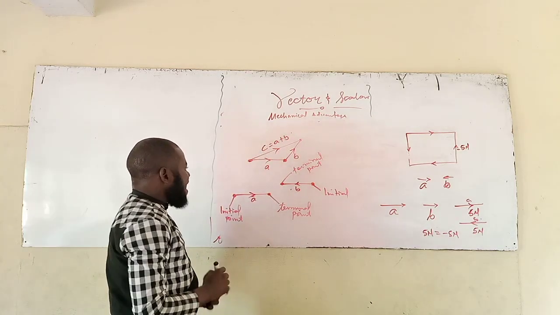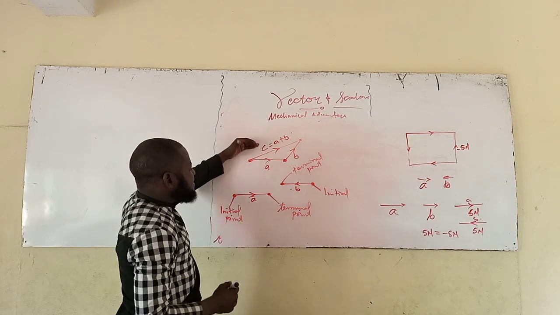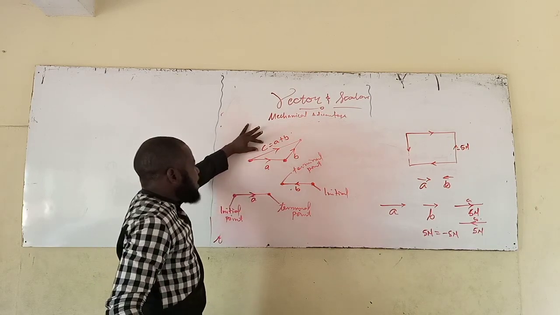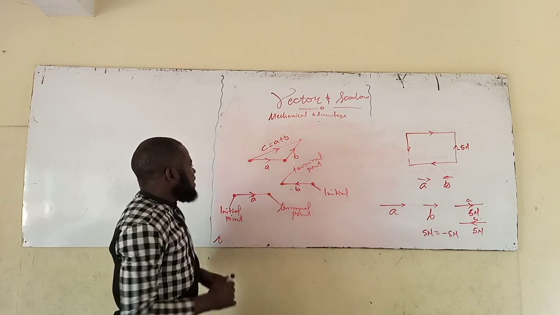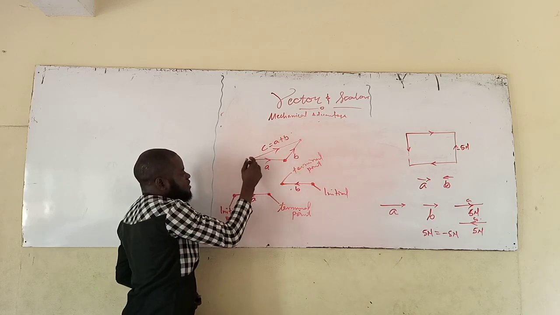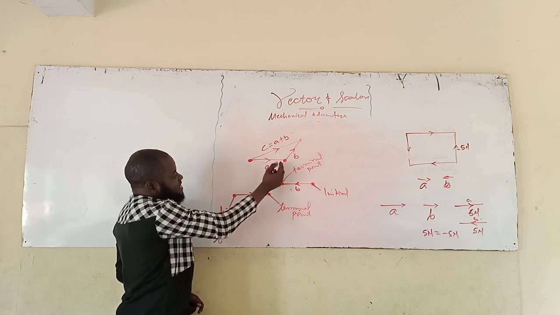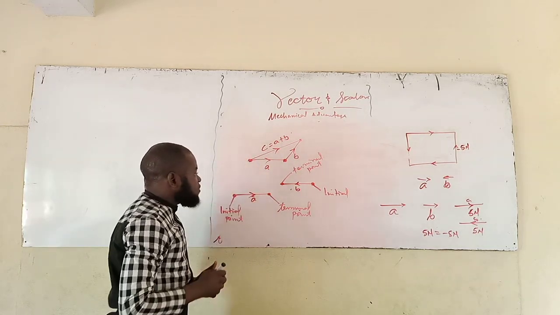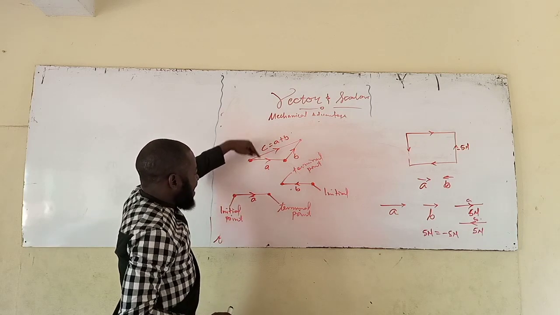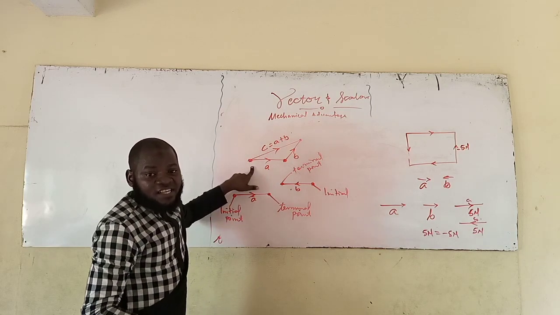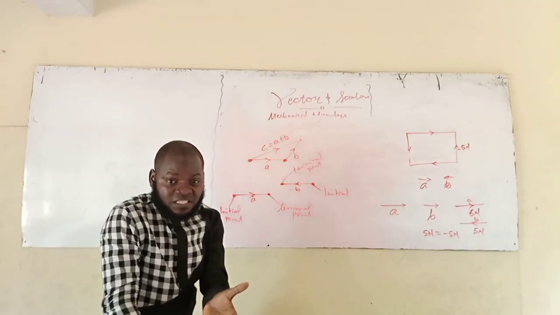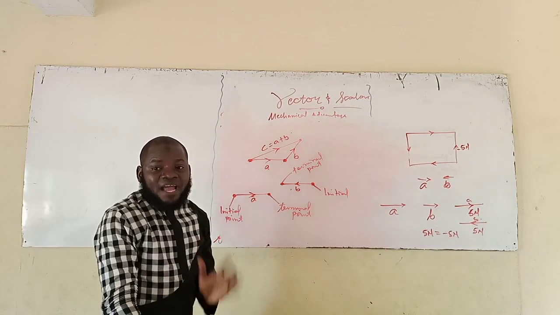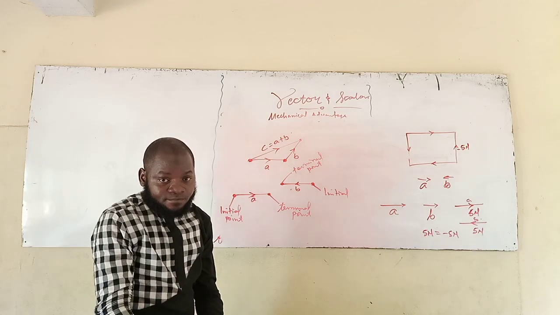So if that should be the case, let's now consider this side that we refer to as C. You will see that the initial point of C is this point here, and the initial point of A is also the same point. That's to tell you that A and C have the same initial point. According to what I've explained earlier, answer yourself now: are they facing the same direction or opposite direction?